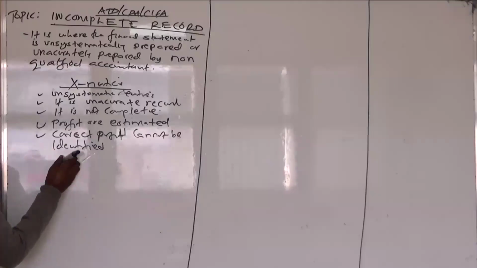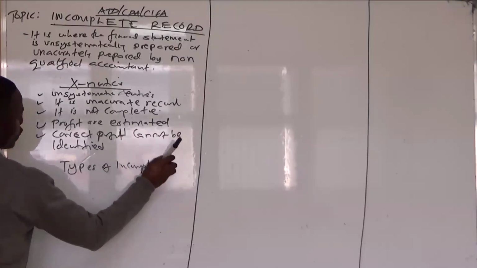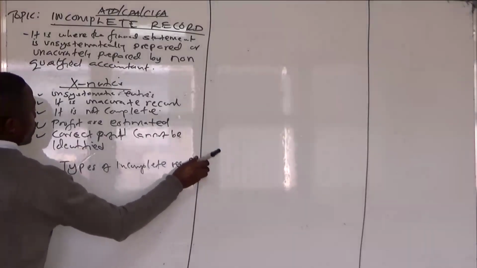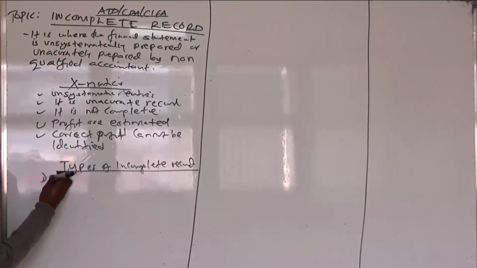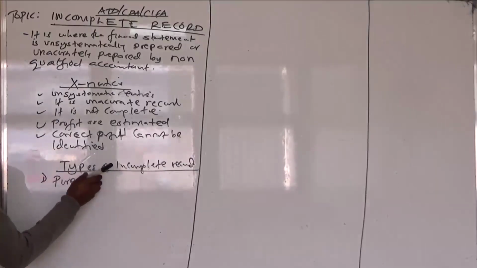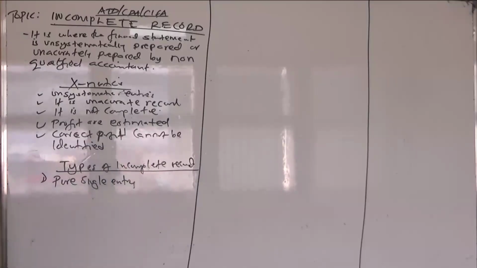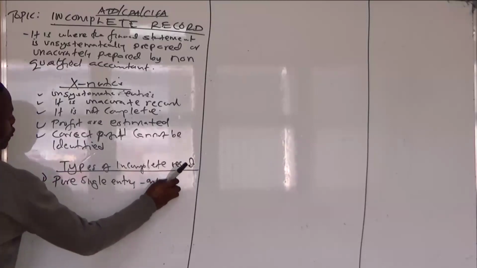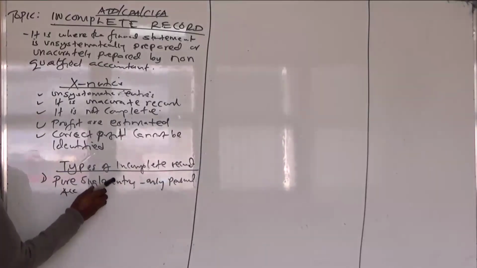Types of incomplete records. Number one, we have pure single entry. So here, only personal account is maintained.